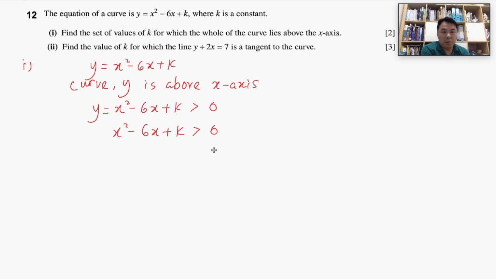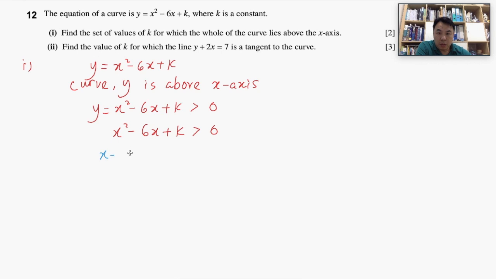Right now, you might be wondering whether we can use the discriminant and so on. That is a good thought. We're going to verify that in a while, but I'm going to show you how I'm going to do it from my perspective in this case. I would revisit my completing the square method again.